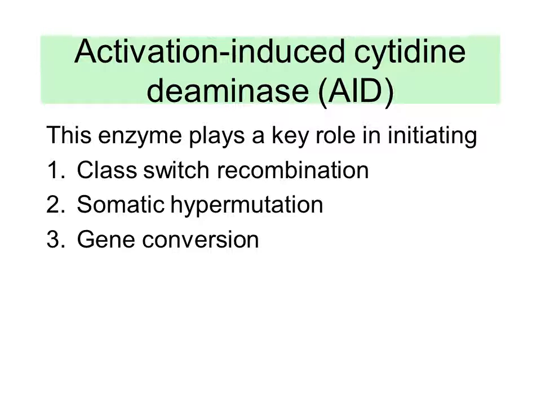And I would also want to emphasize in the last part of the lecture the importance of RAG, because this is a term that I want you to remember. This is basically the product of two recombination activating genes, RAG1 and RAG2, and they are very critical in initiating recombination in lymphocyte precursor cells.